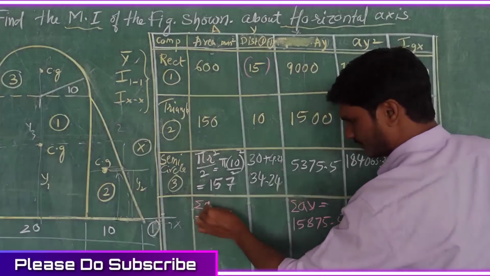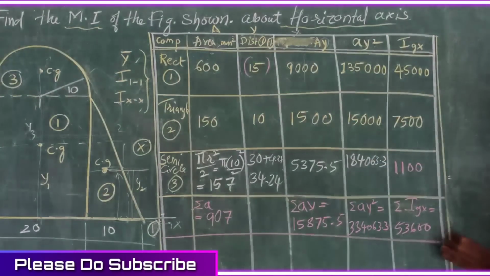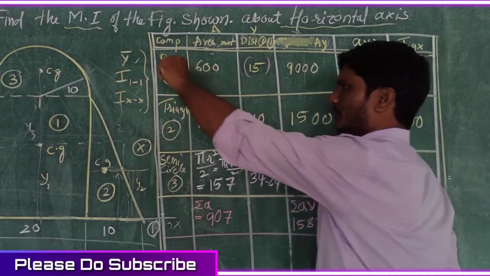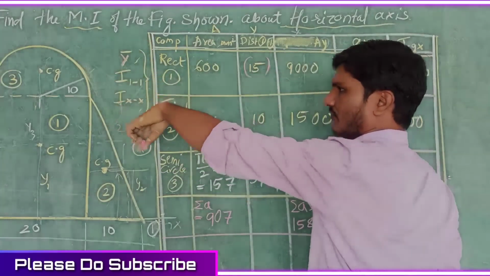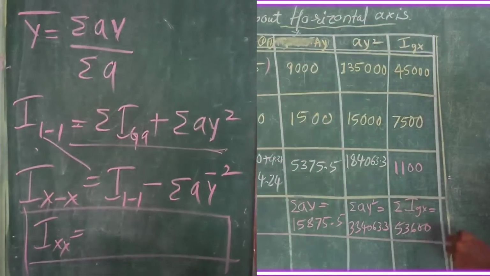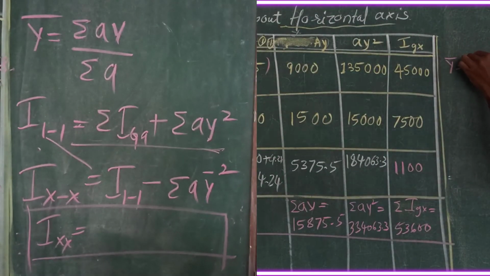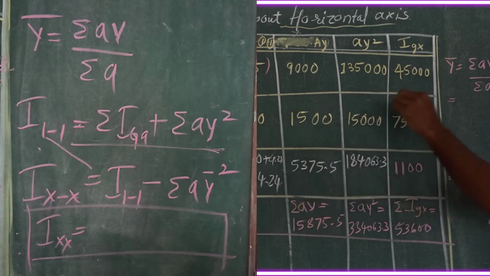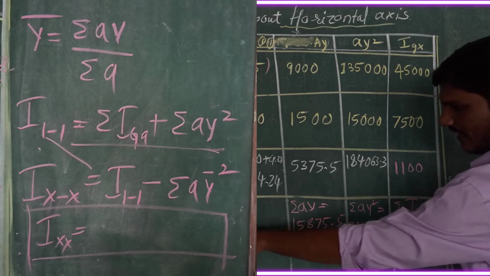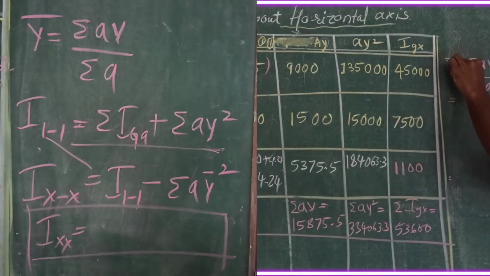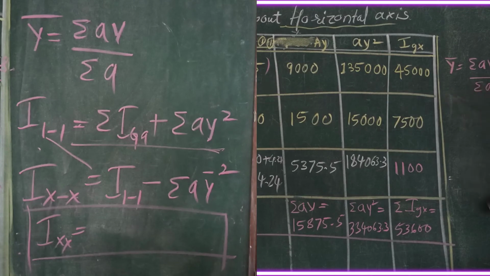After that, first you have to determine the y bar value, the centroid for the entire composite area. You can calculate y bar by taking the sum of ay divided by the sum of area, right? So the sum of area is 907, and y bar is the sum of ay divided by the sum of area. Similarly you need to calculate the moment of inertia.